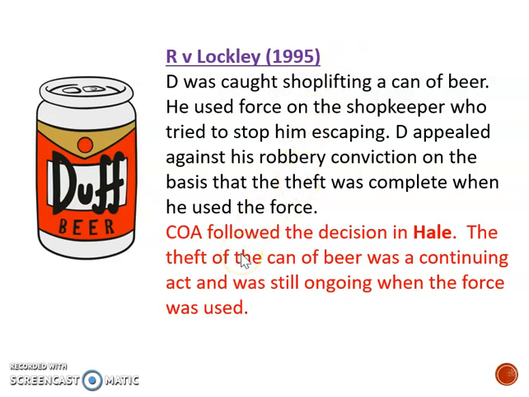But the Court of Appeal followed the decision in Hale, and they said the theft of the beer can was continuing and it was still ongoing when the force was used. So again, it's showing that if the defendant is using force after they've taken something in order to escape, it can still be a robbery.